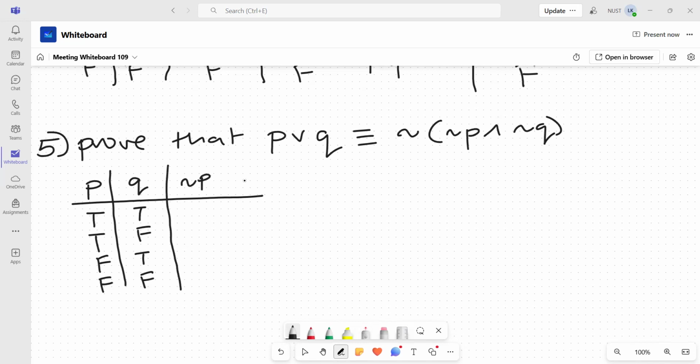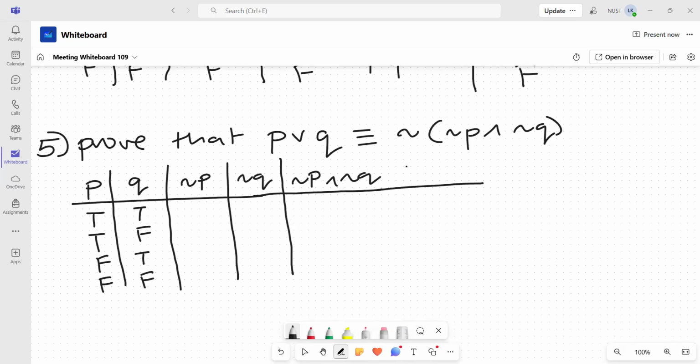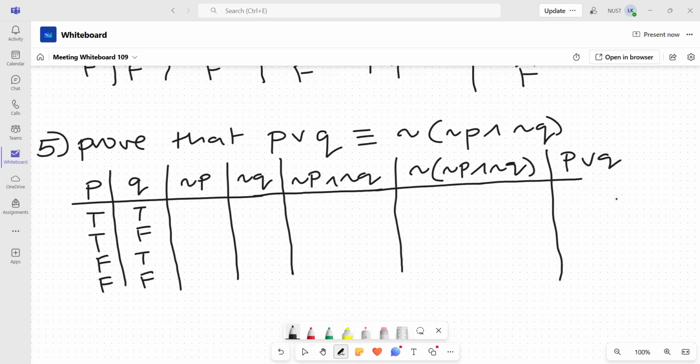Then we have not P, not Q. We have not P and not Q. And then we have not of not P and not Q. And then we also have this one P or Q. So we want to show that these two last columns have the same truth values.